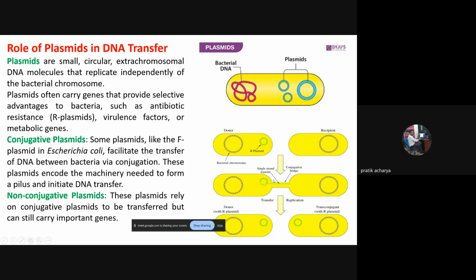When conjugation occurs between these two, that means the R plasmid having bacteria transfers to the R plasmid devoid bacteria through the sex pilus, that develops the antibiotic resistance nature by the transconjugation process.